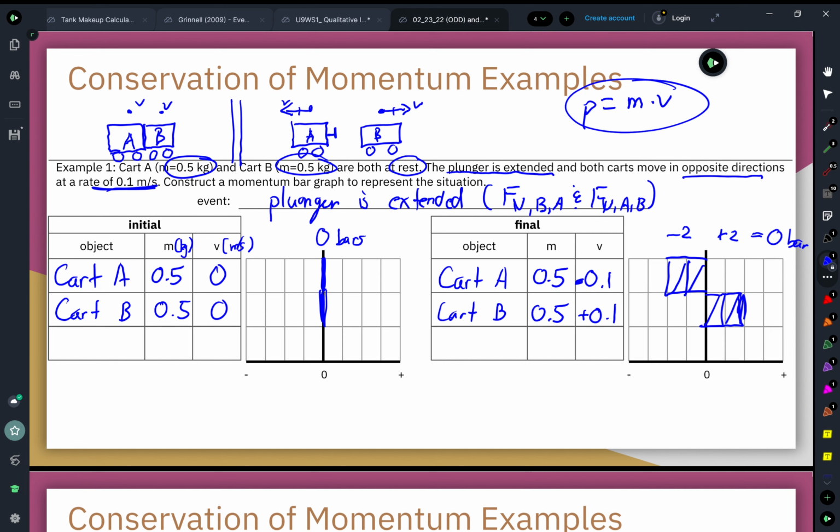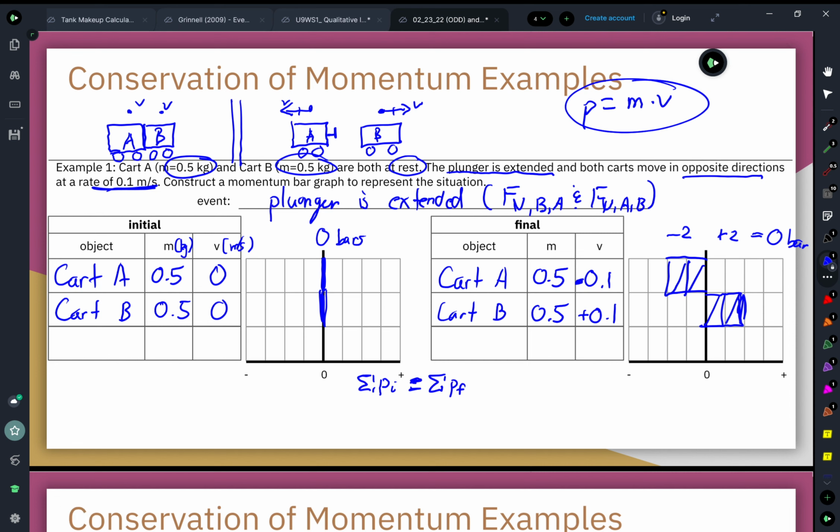The fourth step, now that we have set up our bars on our charts, is to write the conservation of momentum equation for the bars and solve for the unknown quantity. Well, what we are really seeing here is that all of our momentums initially, when we add all of those up, are going to be equal to all of our momentums at the end that get added together. So the sum of our momentums at the beginning are equal to the sum of all of our momentums at the end.